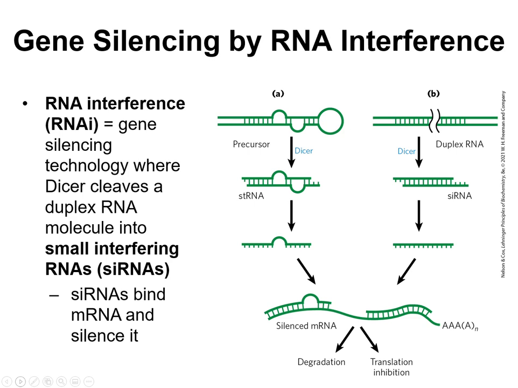So if you have a siRNA that binds to messenger RNA, it will either silence it so that you can't translate, it will do something to the structure so that the ribosome can't bind, all kinds of things. Or it can label this mRNA for destruction. So that's the purpose of RNAi.